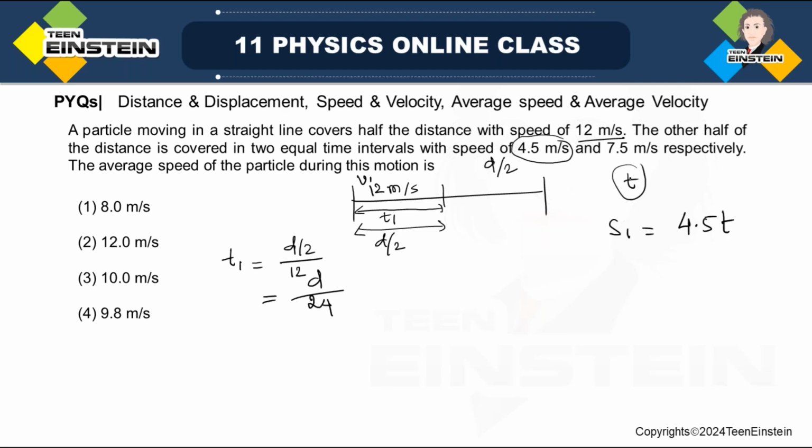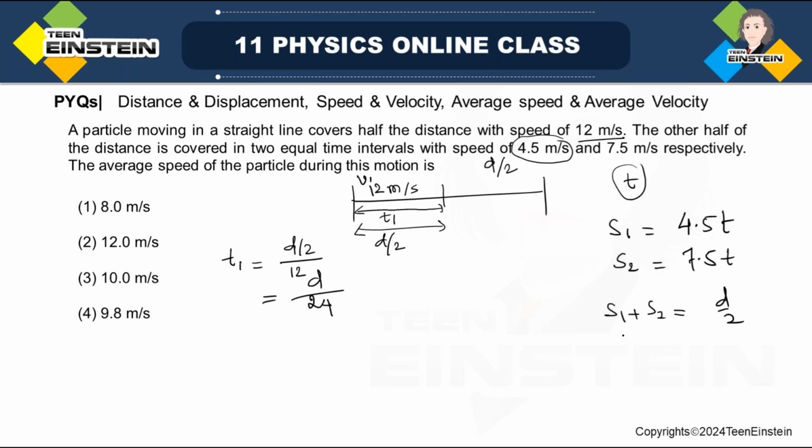And S2 distance is traveled with speed 7.5 meters per second, and as I have taken the time interval to be the same, these two, S1 and S2, will together again be d by 2.